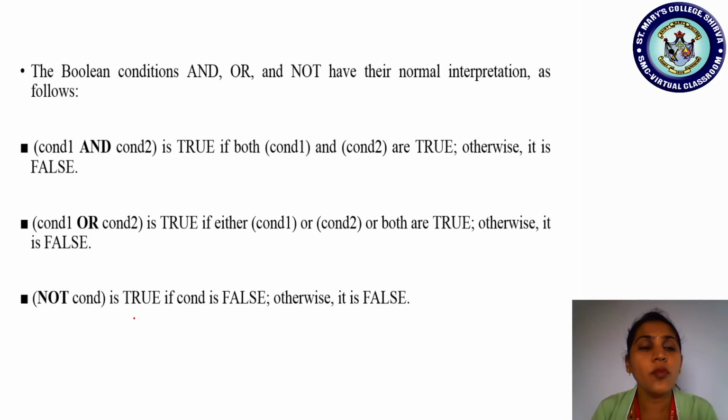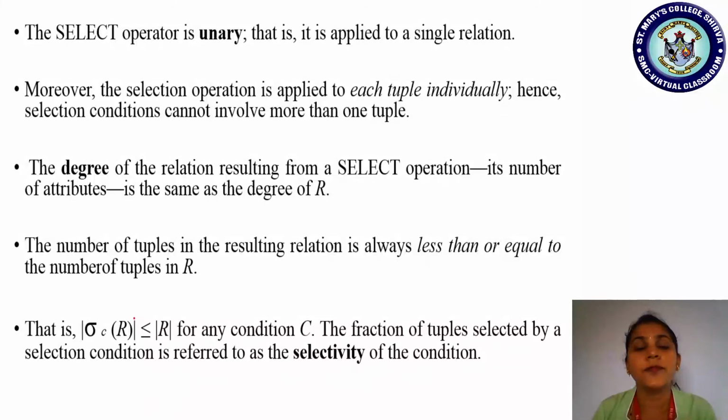Then condition 1 or condition 2 will be true if any one of them is true, and it will be false when both the conditions are false. Then not condition will be true if the condition is false, and if the condition is true it becomes false. So this is how the normal working of the and, or and not conditions works.